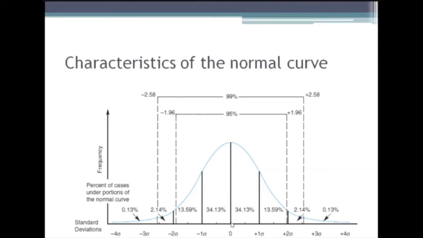And in a normal distribution curve, your mean, median and mode have to be equal. The mean is the average, the mode is the most frequent value, and the median is what you get when you arrange your values in ascending or descending order and take the most centralized value.